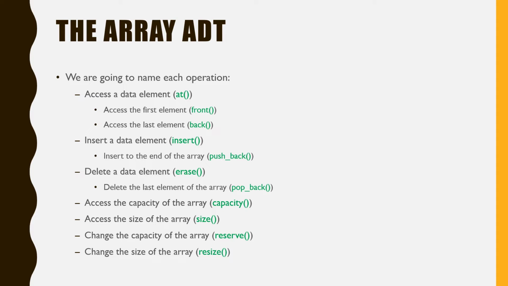The special cases that operate on the last element are called pushback and popback, respectively. Finally, for the memory management operations, we call the capacity and size access operations capacity and size, respectively, and the capacity and size modification operations are called reserve and resize, respectively.